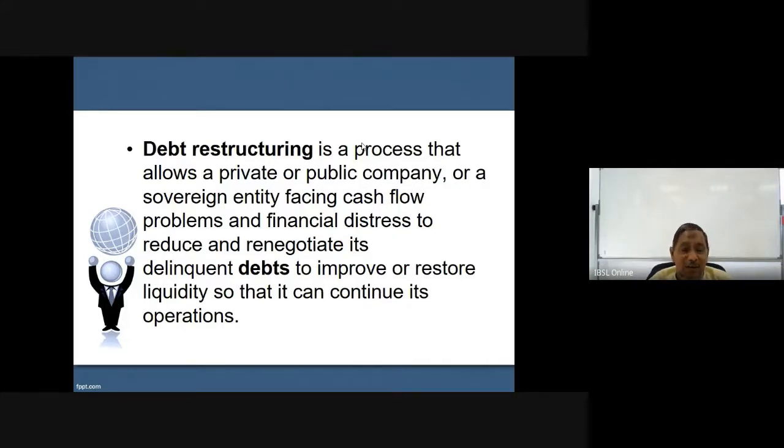Due to that, we have faced financial distress, and need to reduce and renegotiate delinquent debts to restore liquidity so that it can continue its operations. So debt restructuring is one of the professional approaches in recovery.